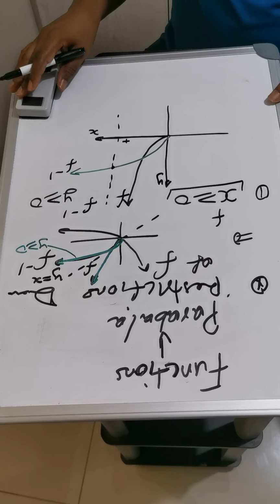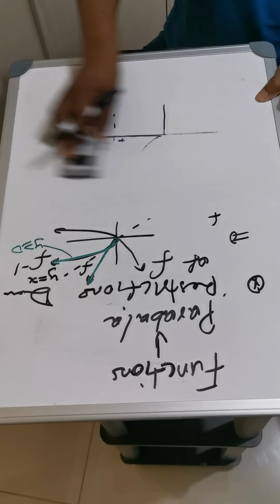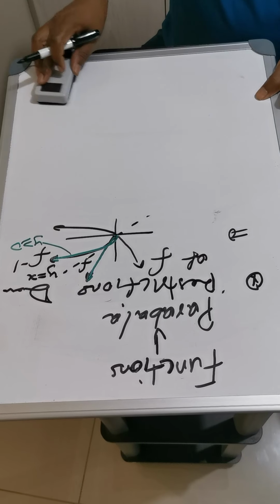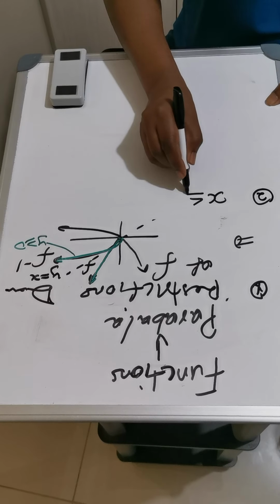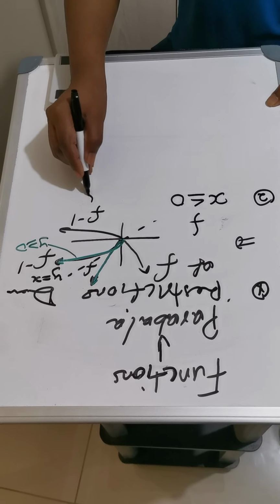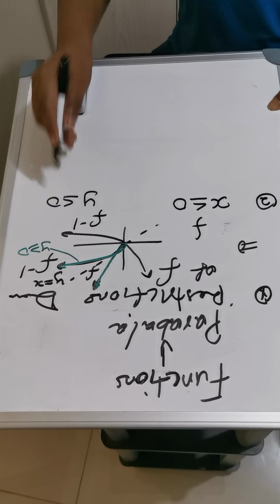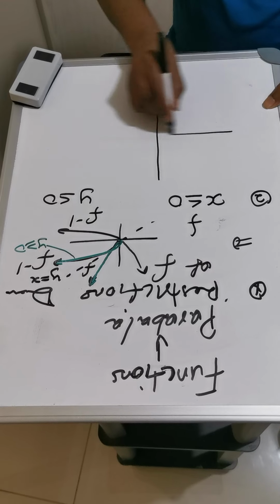Okay, now let's look at another restriction, which is the last one, because we said there are two restrictions. The second one is where x is less or equal to 0. This is a function f, but for the inverse, obviously this will be y less or equal to 0. Right, let me try to sketch that.